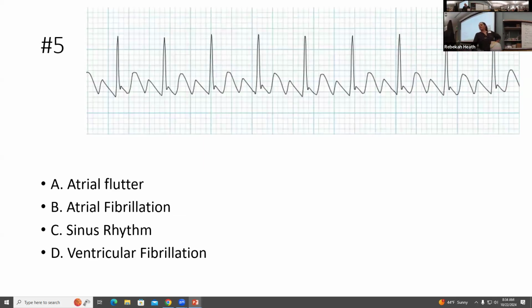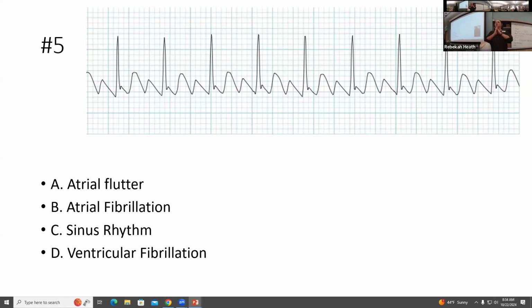All right, this one. So do we have a regular rhythm? It's pretty regular. What about the rate? I'm counting about 9 QRS complexes. So that would be what rate per minute? About 90. What about the QRS complex? Is it narrow or is it wide?